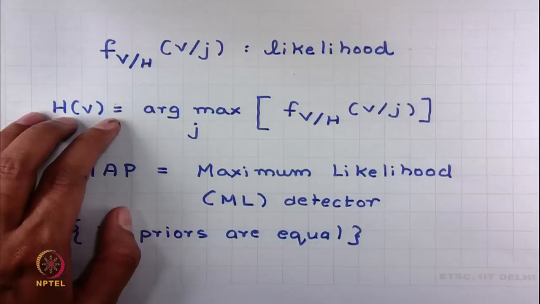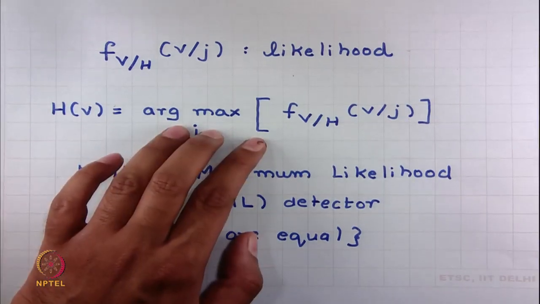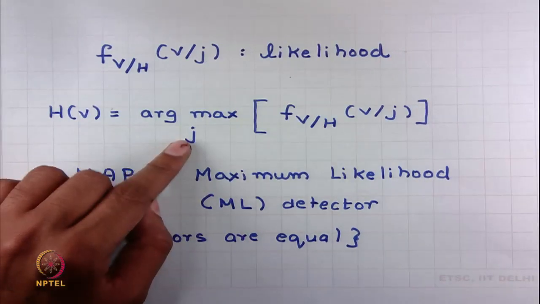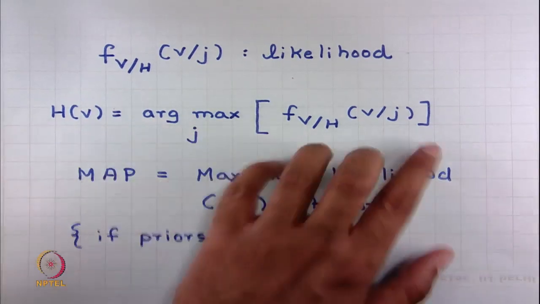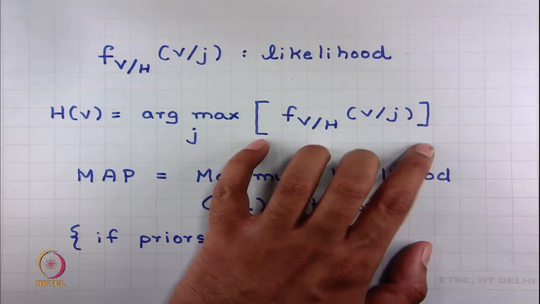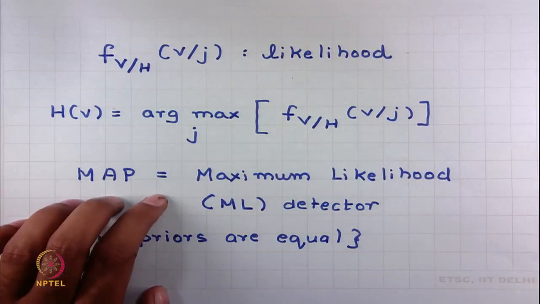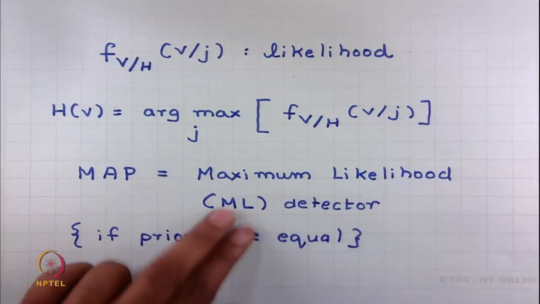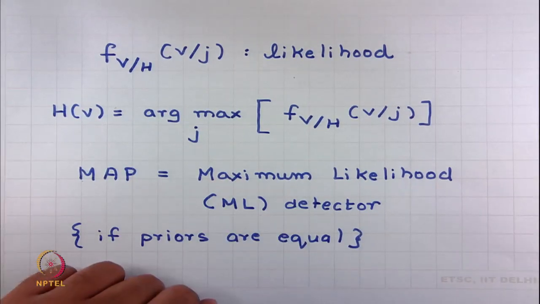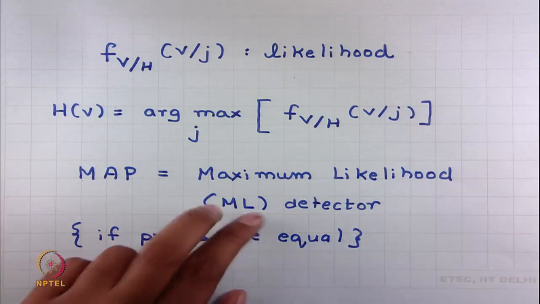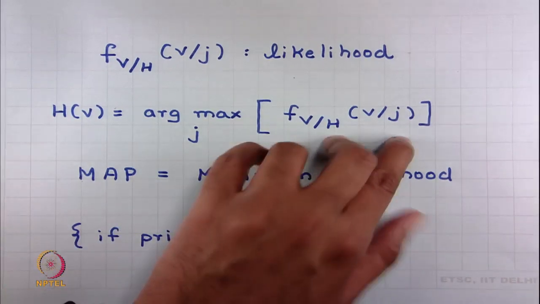So, then the MAP rule becomes the rule which chooses an argument j which maximizes the likelihood, and thus the MAP detector becomes a maximum likelihood detector or ML detector. It is a maximum likelihood detector because it is maximizing the likelihood function.